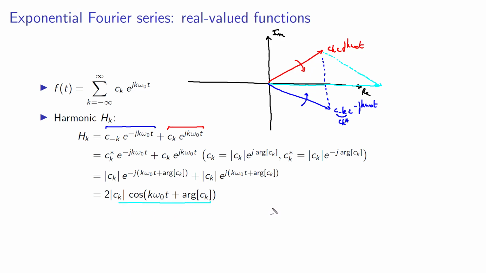What we'll do in the next animation is to group all harmonics together with the positive index and the negative index, and we'll see this phenomenon happening for each harmonic and the fundamental frequency, so for k equal to 1, 2, 3 and so on.